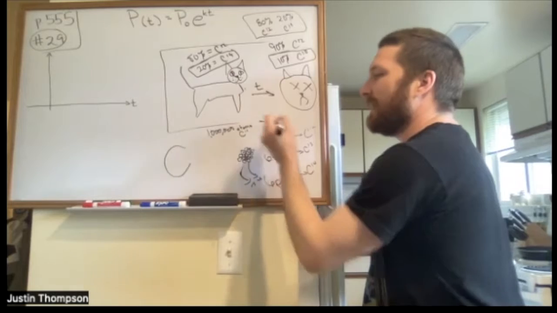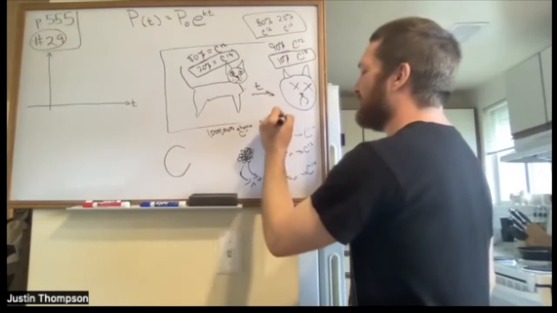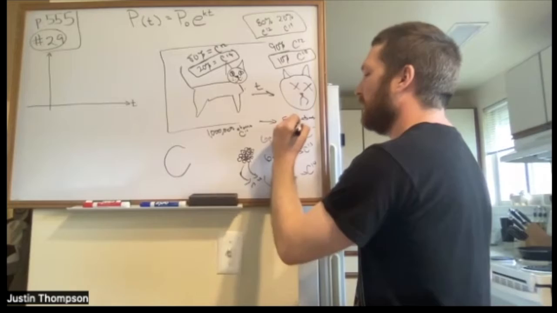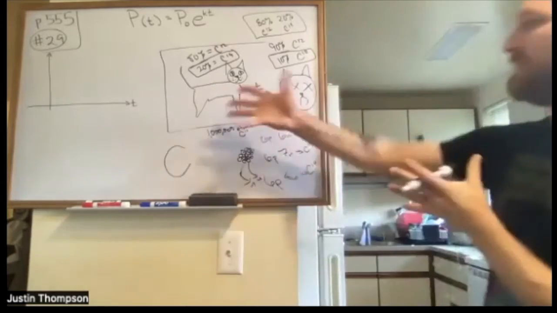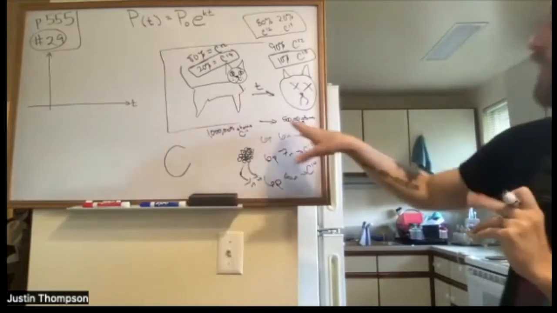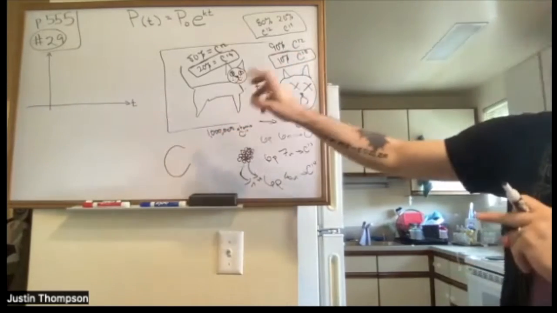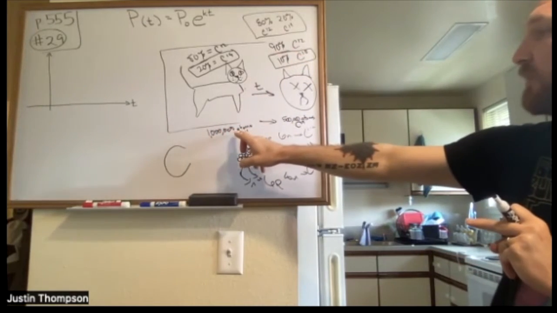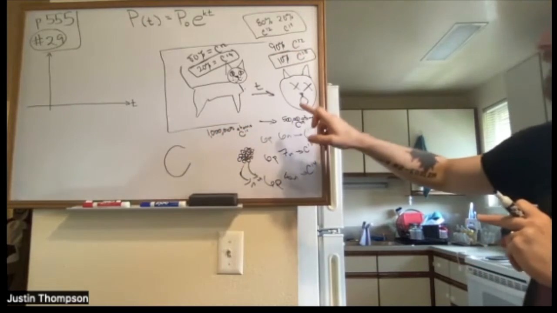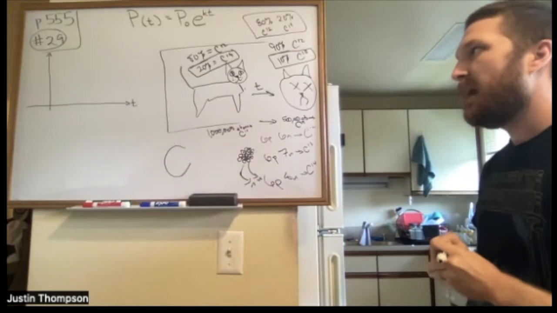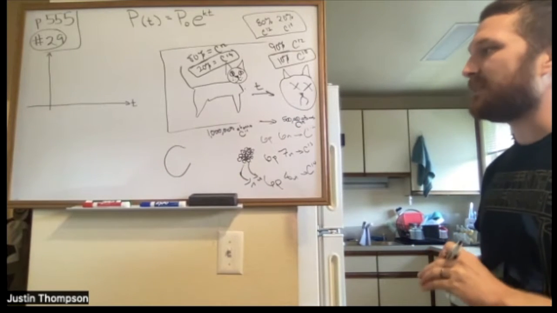Then after some amount of time, now it only has 500,000 atoms of carbon-14. So that's kind of what's happened. And we want to know, how long did that process take for a million atoms of carbon-14 to turn into 500,000 atoms? That is what this is about.